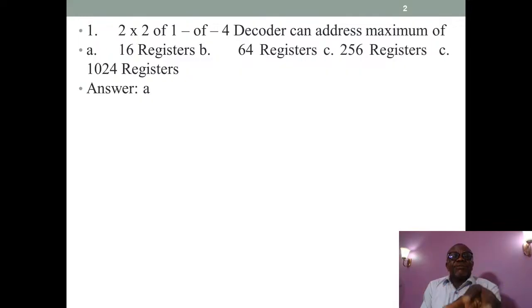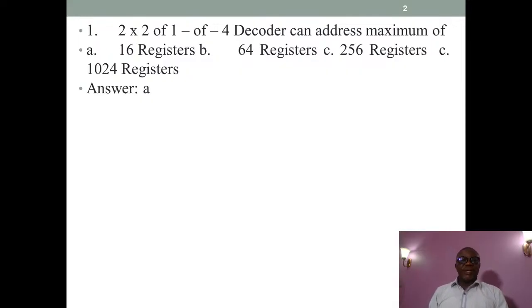And it is a 2x2, meaning that the column decoder will have 4 outputs, that is A0, A1. So A0, A1 can be 0, 0. It selects one output.